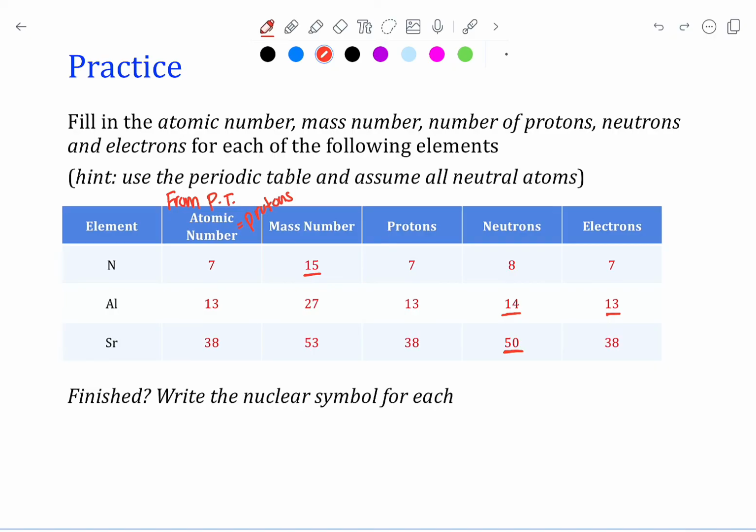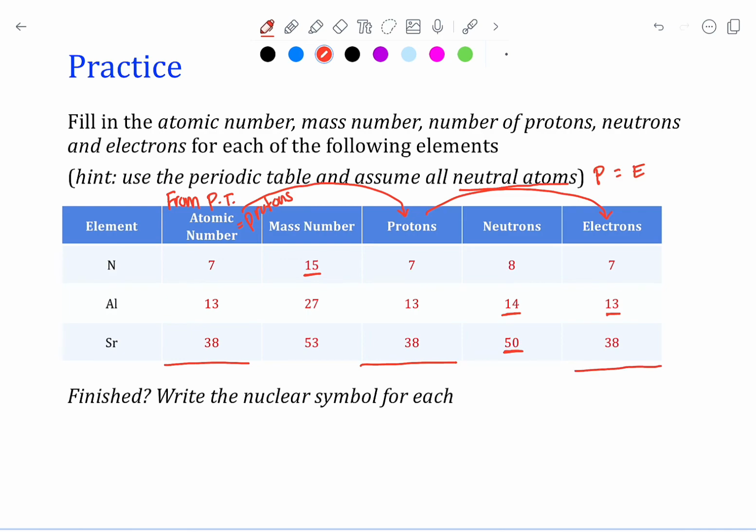If we know our atomic number, we can also find our number of protons. So you'll see that these two rows or columns are the exact same. And because we were assuming neutral atoms and our protons were equal to our electrons, the column for electrons is also the exact same.